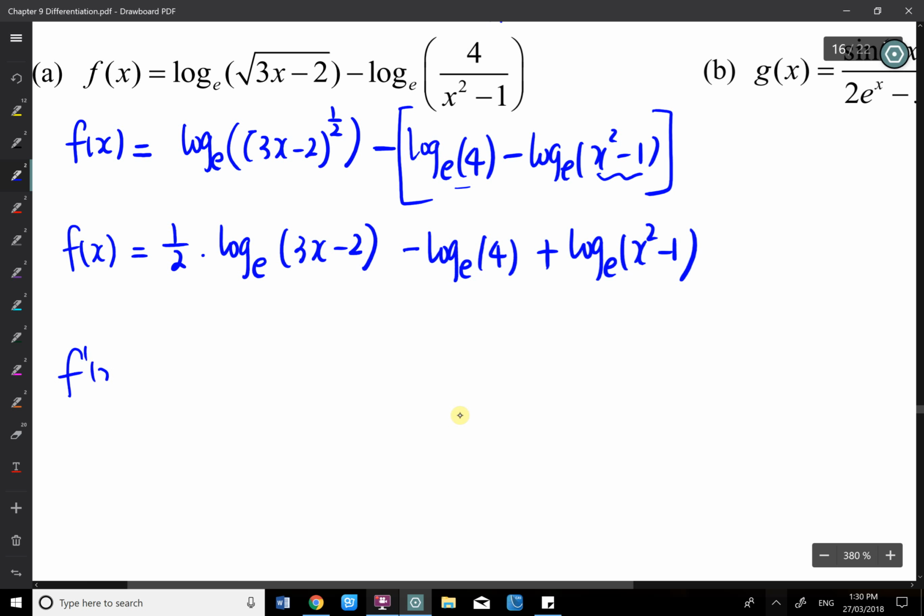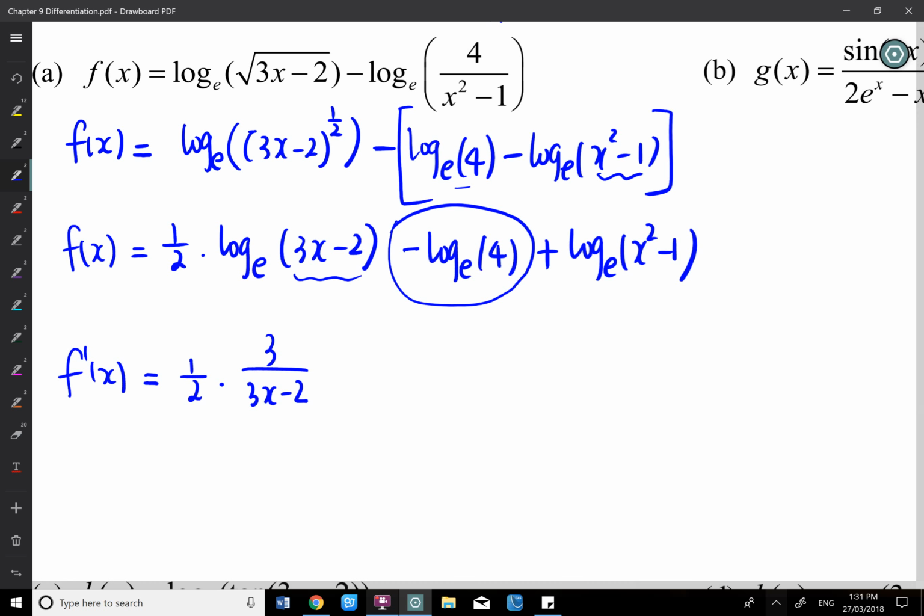So my f dash x equals a half times 3 over 3x minus 2. Derive the inside, we have 3, and then put it over that. What's the derivative for log e 4? Nothing, it's 0. That's a constant. Log e 4 is a constant, and the derivative of a constant is just 0.